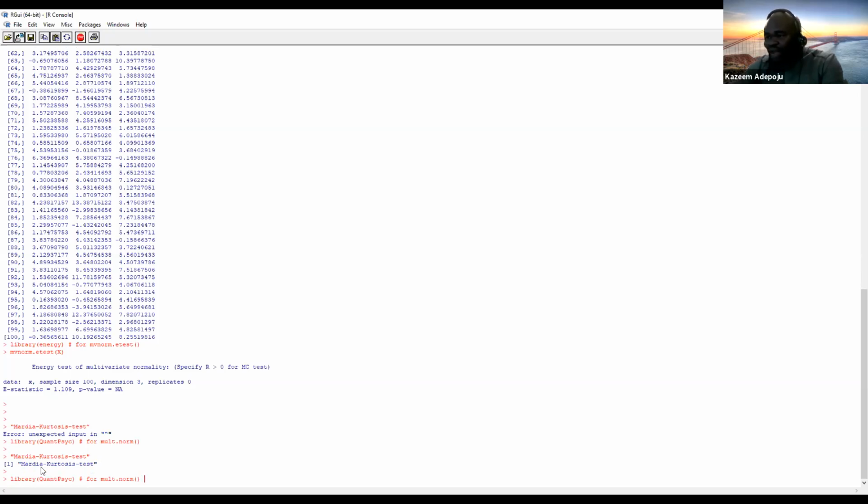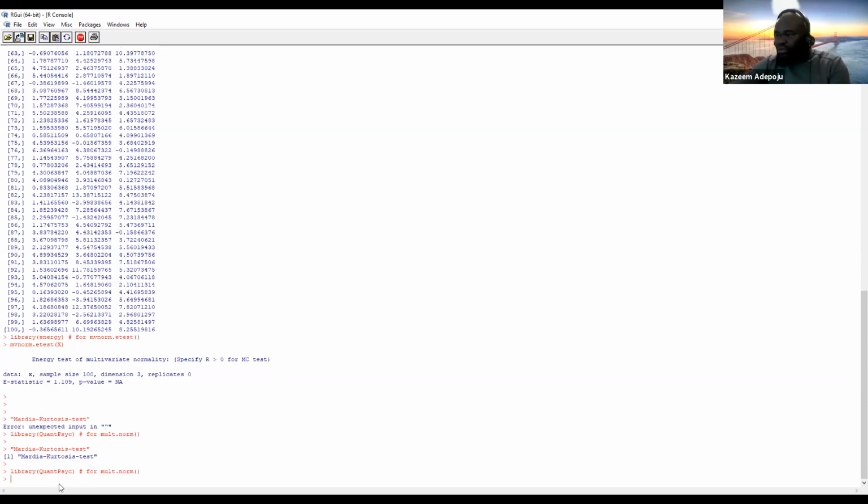If I want to run the Mardia kurtosis test, the multivariate normality test, I need to load a package called quantpsych. So I've loaded that, then I'm going to copy my code to run it.